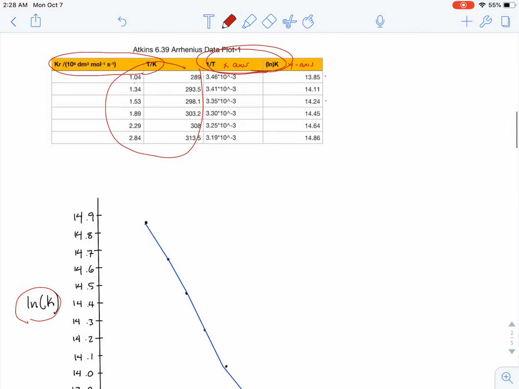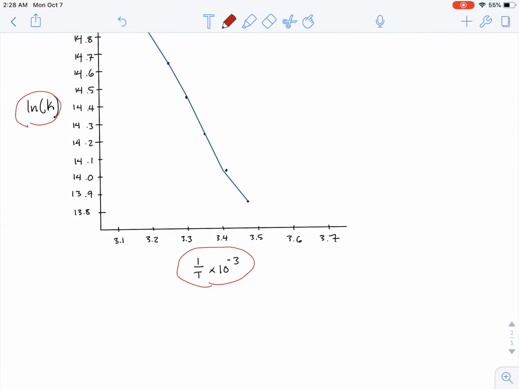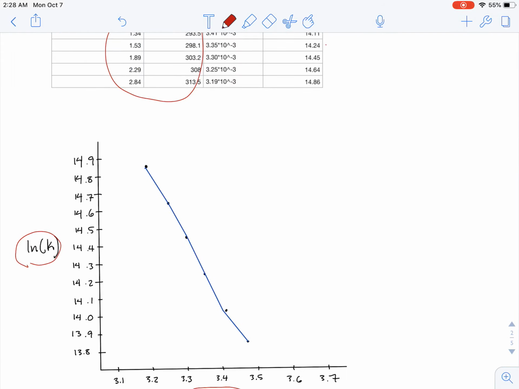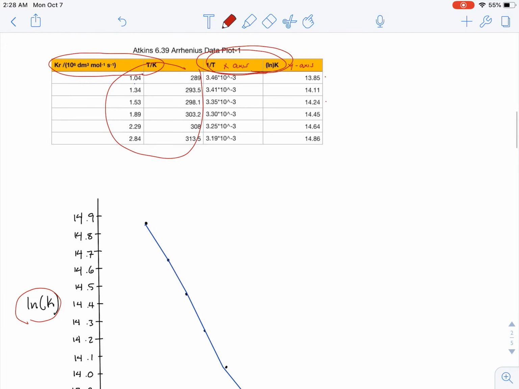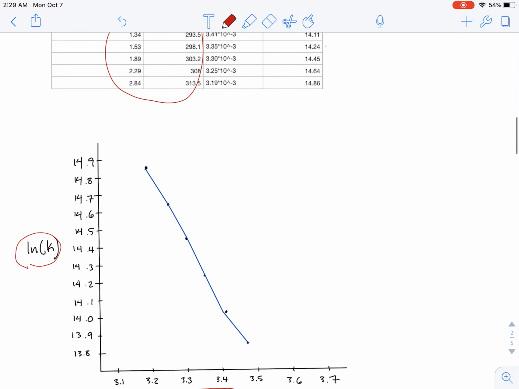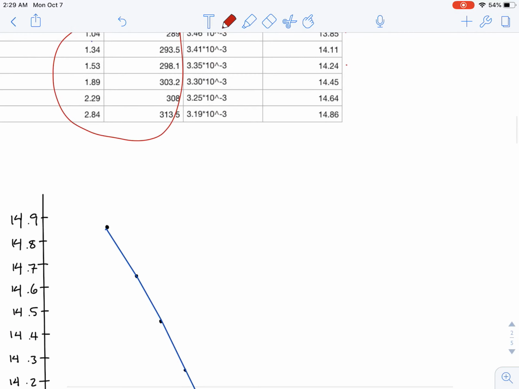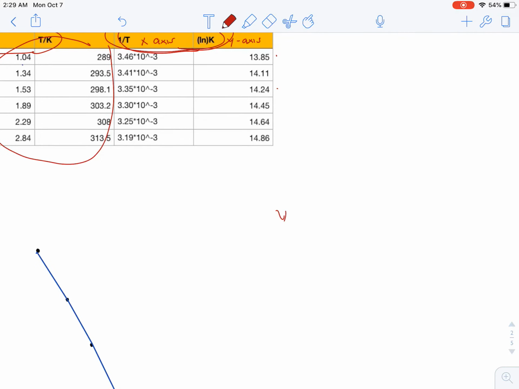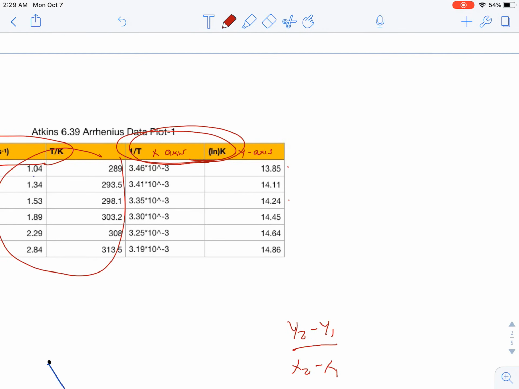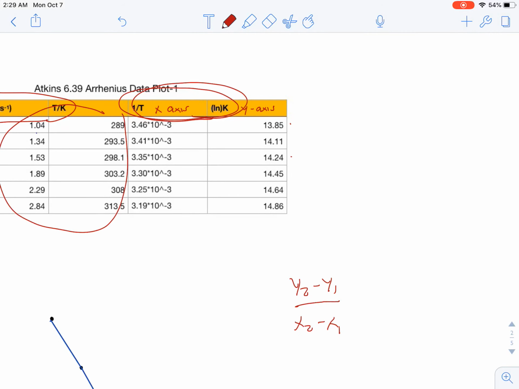And so looking back here now, how would we find our slope? Well, you may or may not remember from your high school algebra class, but the way you would do this is essentially using the equation y2 minus y1 over x2 minus x1. And so here we can take pretty much any of these points from our x and y axes and plug them into this equation.